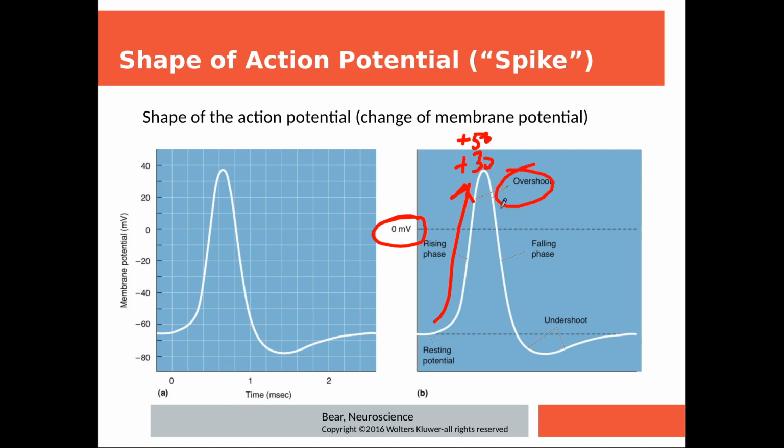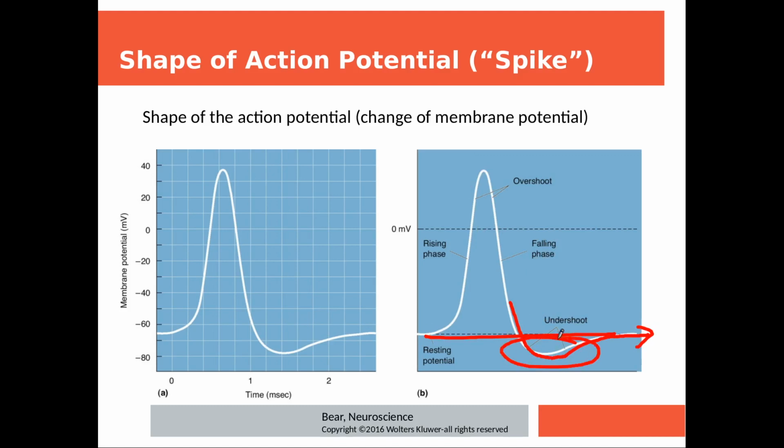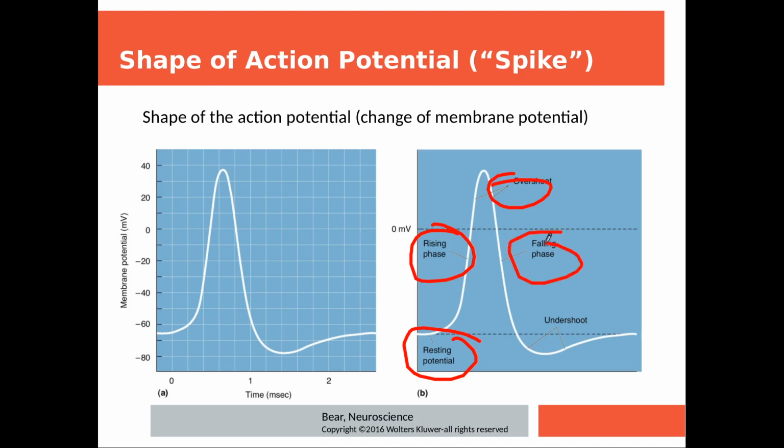This is called overshoot. And then it falls. The potential starts to go down again, more negative, and it actually passes by the resting potential before it returns to it. That's called the undershoot. So those are the basic phases of an action potential: the resting phase, then the rising phase, overshoot, the falling phase, and then undershoot, and then back to the resting potential, where it can do another action potential.